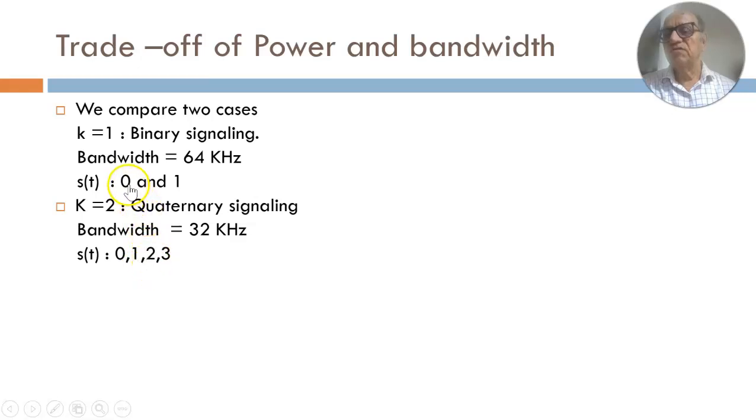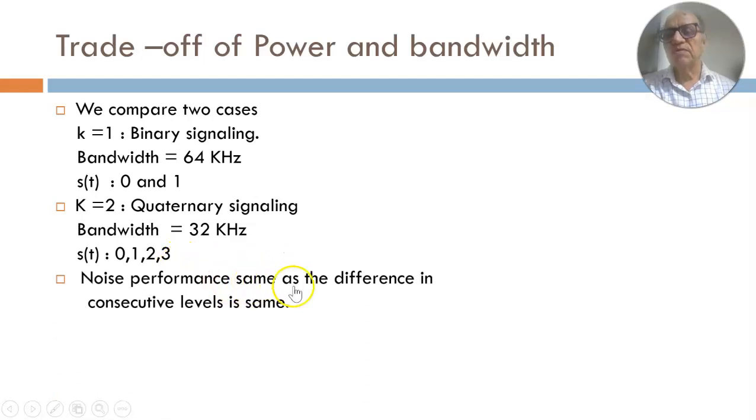Here S(t) had amplitudes of 0 and 1. So the difference between the consecutive levels is the same. Note this is 0 and 1, so the difference is 1. Here 0, 1, again the difference is 1. Between 1 and 2 again the difference is 1. Between 2 and 3 the difference is 1. So because of that the noise performance is the same, as the difference in consecutive levels is the same.